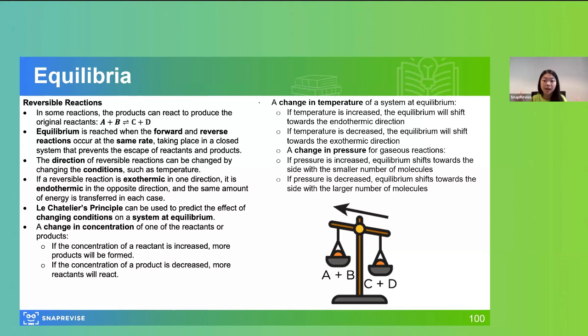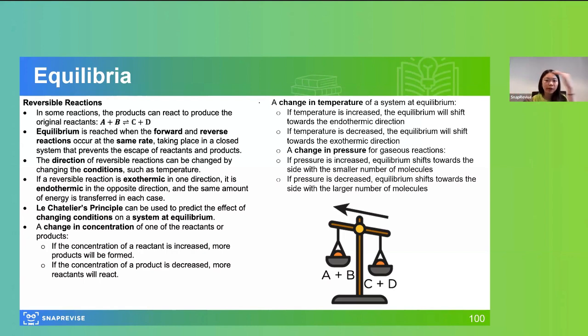Now temperature. If temperature increases, it's going to go towards the endothermic direction. If it decreases, it's going to go towards the exothermic direction. When you're given a question, either they will tell you which direction is exothermic and endothermic, or you have to figure it out on your own by looking at the numbers. If the forward reaction is negative something joules, it's exothermic. If it's positive, it's endothermic.